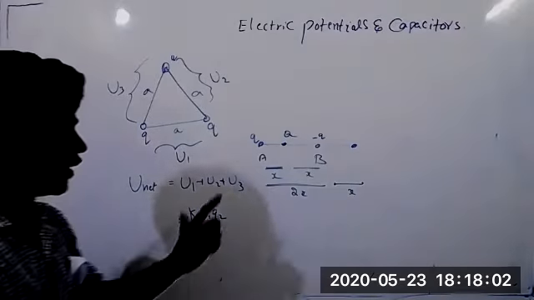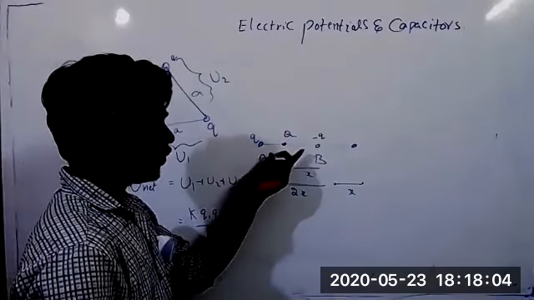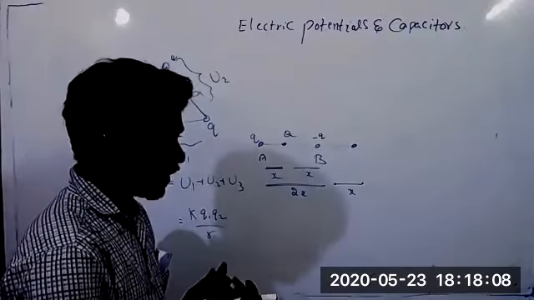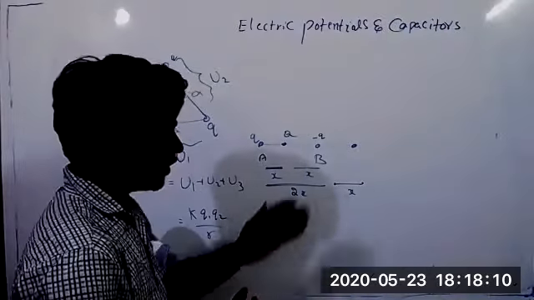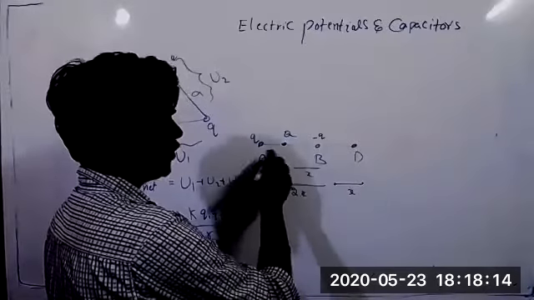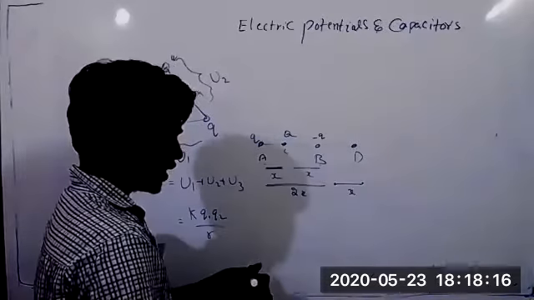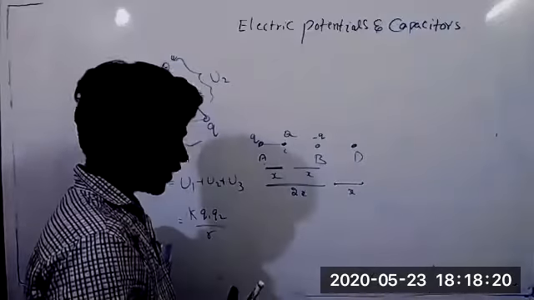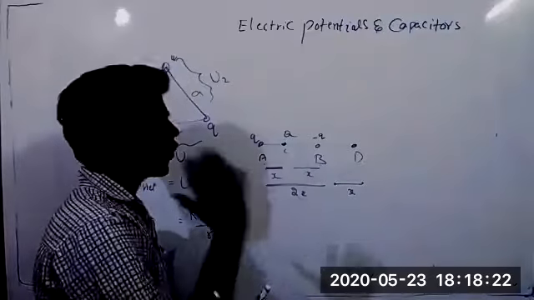Now, initially, electrostatic potential energy will be there. Am I correct? It is point D, A and B, and between these two, C is there. So three charges are there. Between these three charges, potential energy will be there or not?